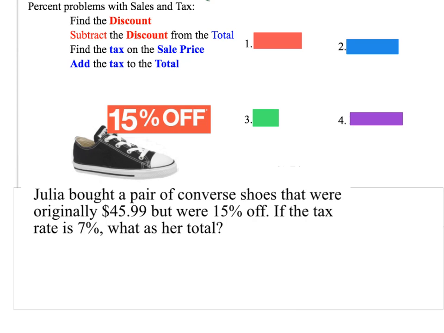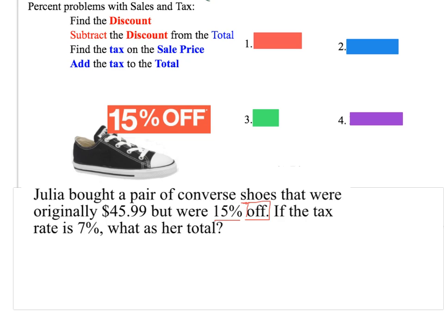All right, so let's take a look at this first problem. Julia bought a pair of Converse shoes that were originally $45.99, but were 15% off. If the tax rate is 7%, what is her total? So the first percent I see is 15% off. Since it's off, I know I'm going to have to subtract.